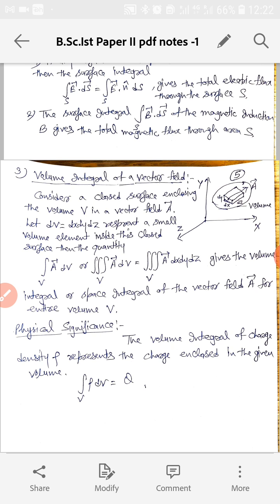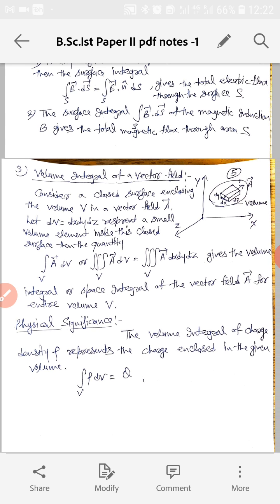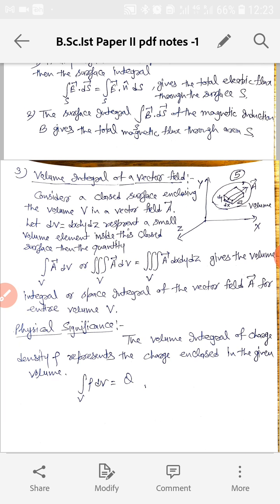The physical significance of this volume integral is this: if in a given region of space we know the charge density, how the charge is distributed within that volume, then with the help of this volume integral we can calculate the total charge enclosed.